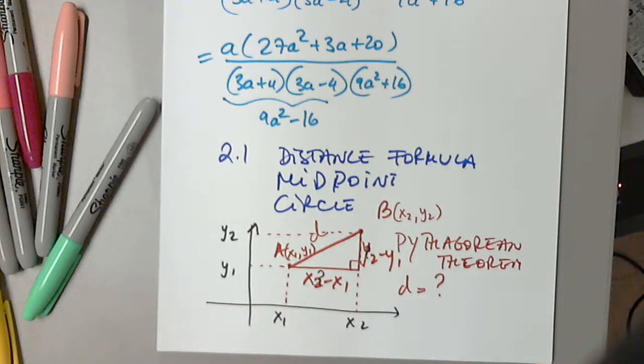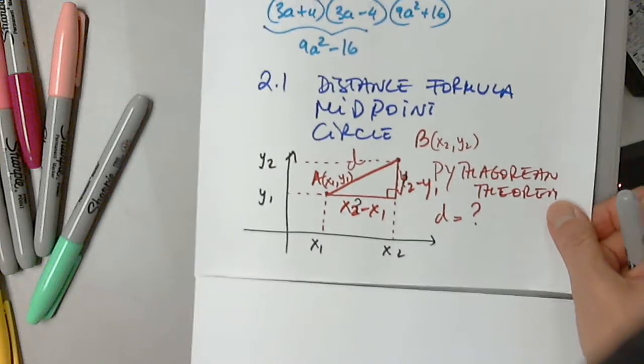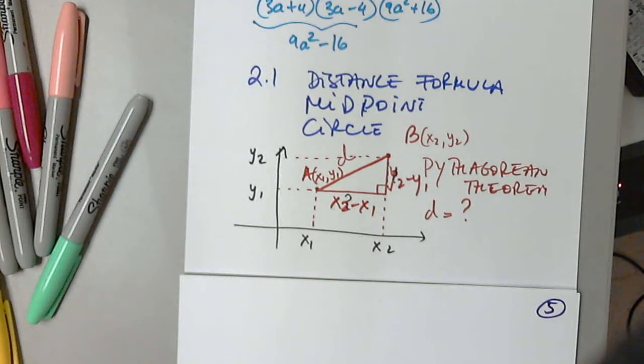And now we will be using the Pythagorean theorem. Whenever we think about the Pythagorean theorem, please do not say a squared plus b squared equals c squared. It makes no sense. I have to tell you that a and b are the legs, and then it makes sense.